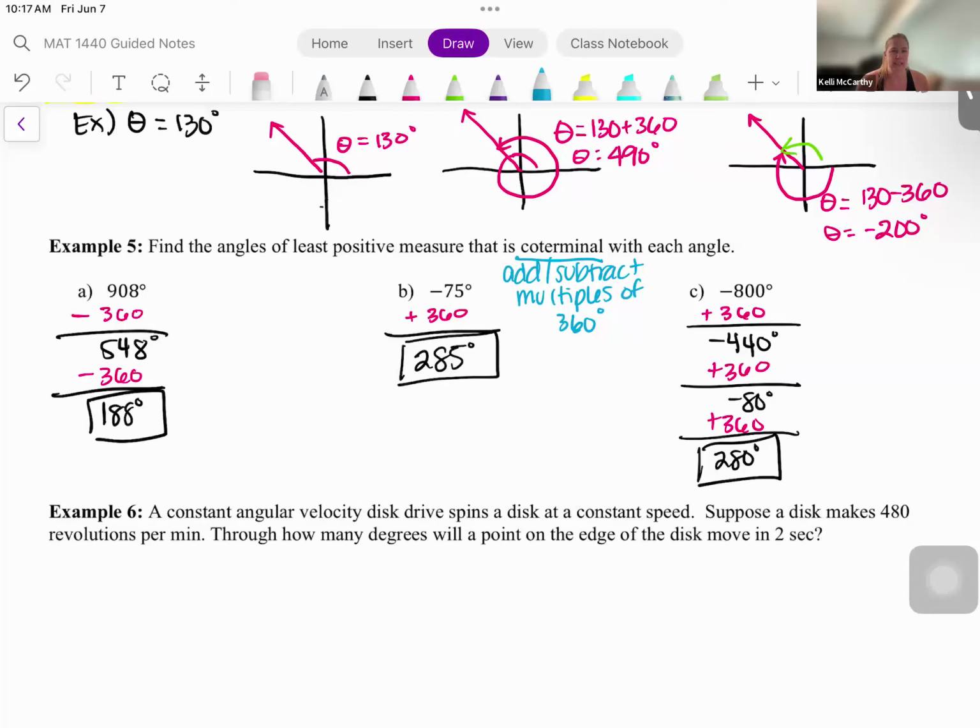Well, that's going to be 720 degrees. So we could start with example C, adding 720 degrees and seeing how that works. So we don't necessarily need to add 360 degrees each time. We could start adding multiples of 360 if we are aware of those and familiar with them.